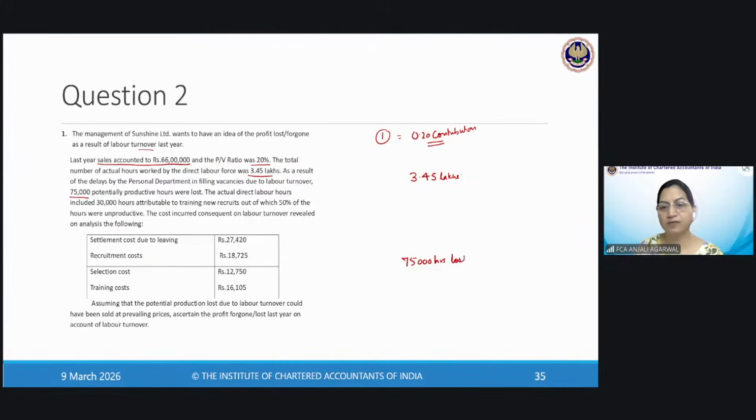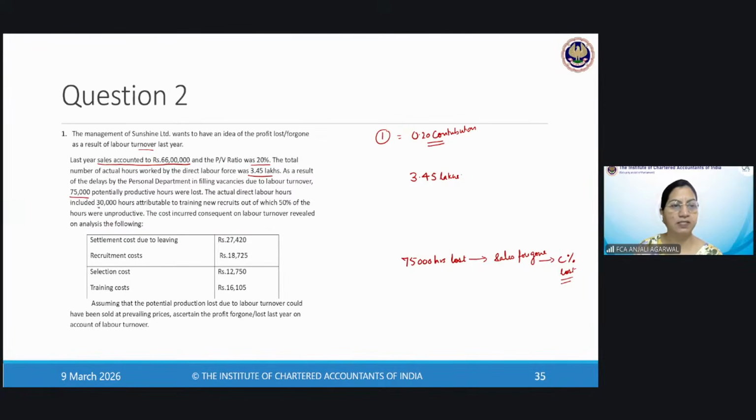So what we will do is calculate, if 75,000 hours are lost, what is the sales foregone because of these lost hours? And because of this sales foregone, what is the contribution percentage loss or PV ratio? So this will tell us the profit foregone. So you work for 3.45 lakh hours. You have lost 75,000 potential productive hours.